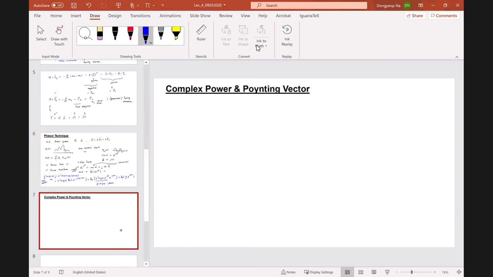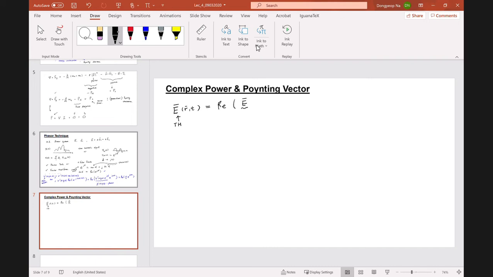And then what we're going to do next is use this phasor technique concept to write the instantaneous Poynting vector we have seen in the previous slide. The electric field is a vector quantity, a function of space and time. Let's say this is the time harmonic electric field having just one frequency component, and it is the real part of each phasor.